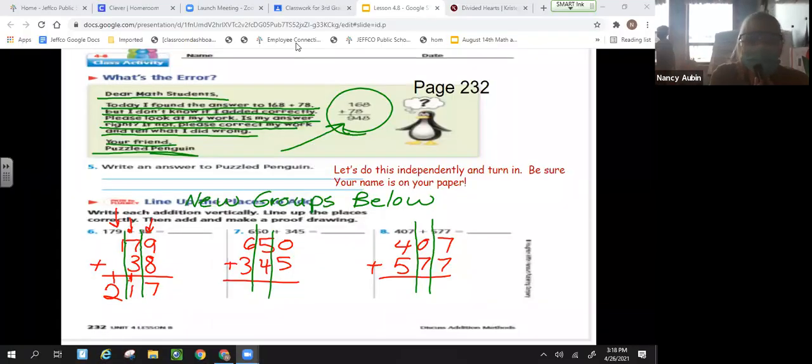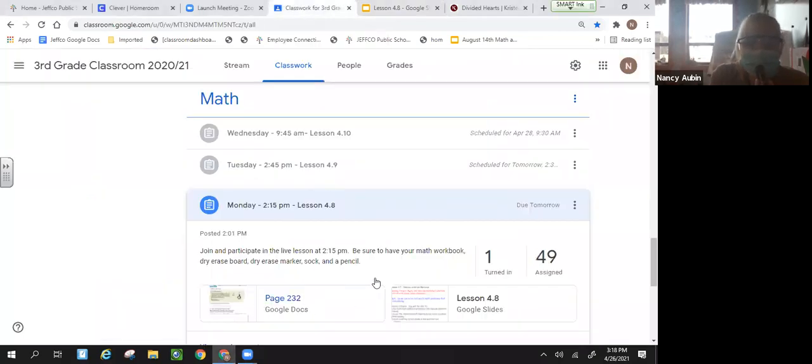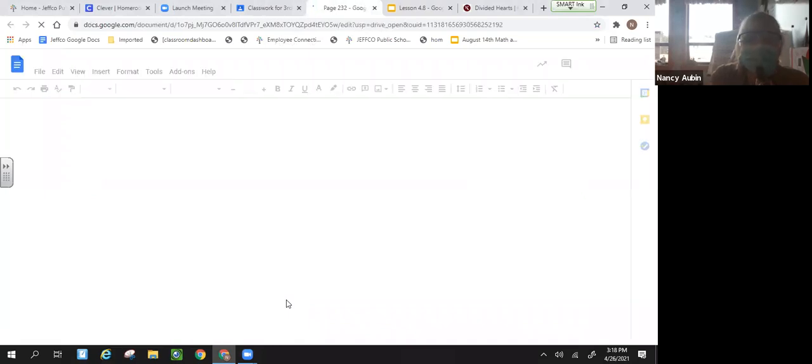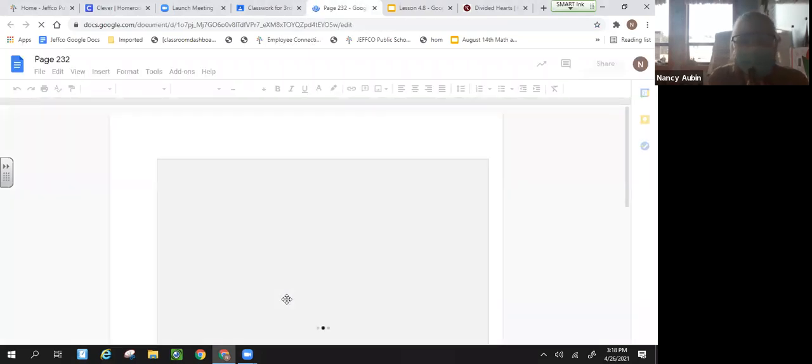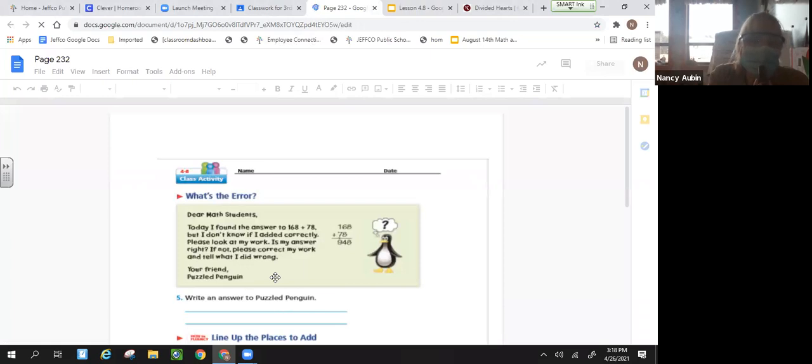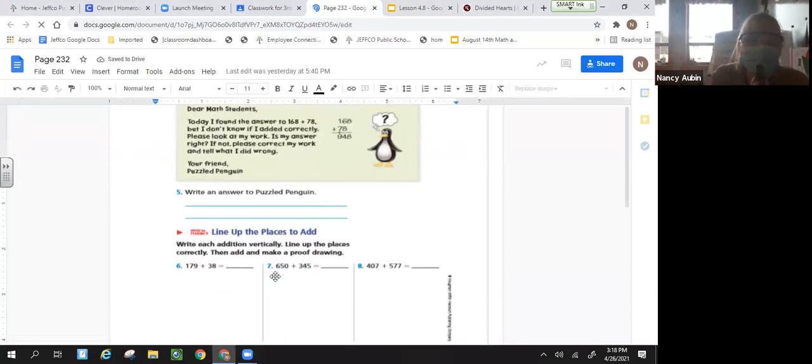Oops, I wanted to keep sharing. Sorry about that. If you go into Google Classroom, I made a copy for each of you. It is on today's assignment. It says page 232. When you click on it, you can add a text box to do the answer to Puzzle Penguin.